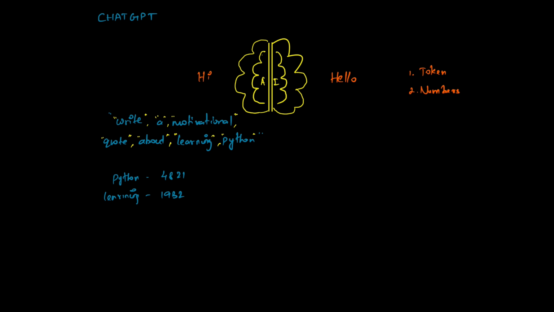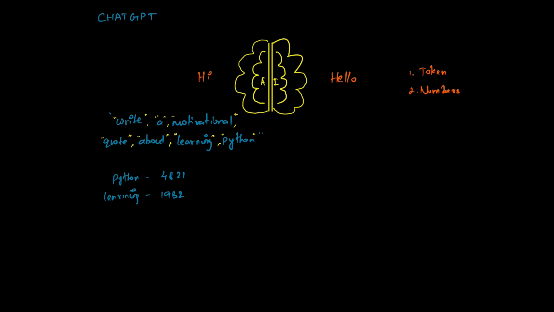It has an English vocabulary, and for every word it has a unique identification number. That number for Python is 4821 and for learning is 1932. So the entire sentence becomes numbers.